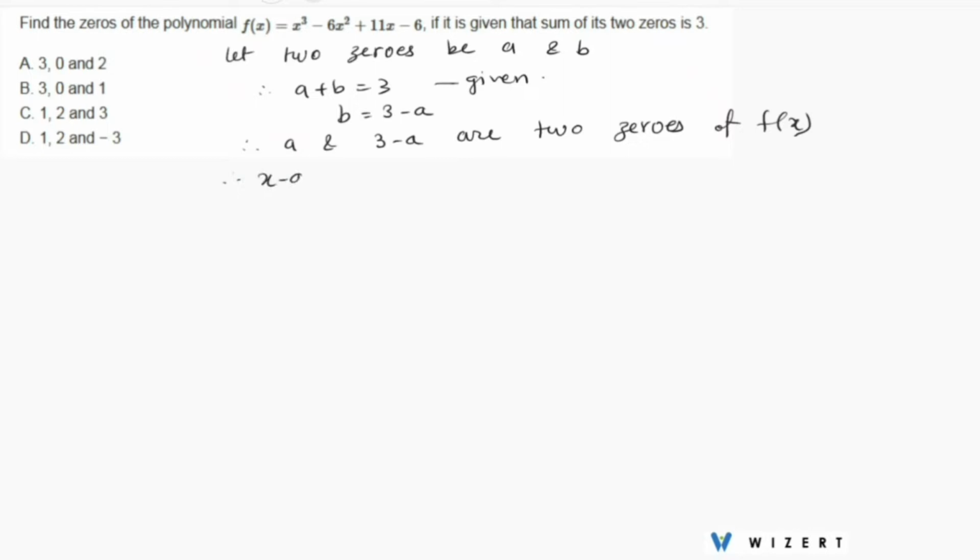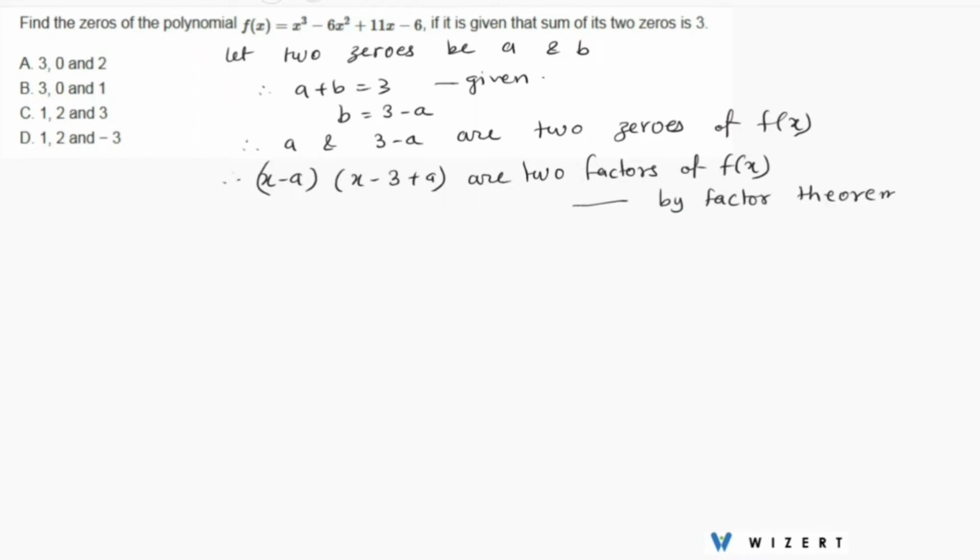Therefore, x minus a and x minus 3 plus a are two factors of f of x by factor theorem. Therefore, we can say x minus a multiplied by x minus 3 plus a is a factor of f of x.